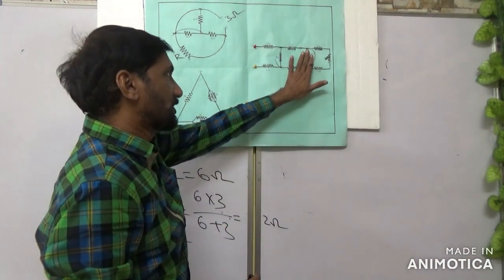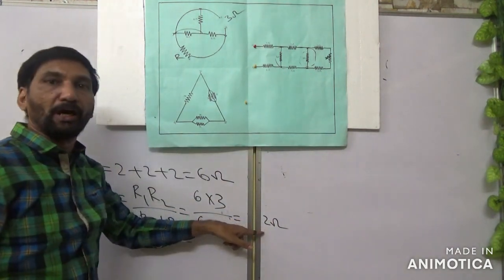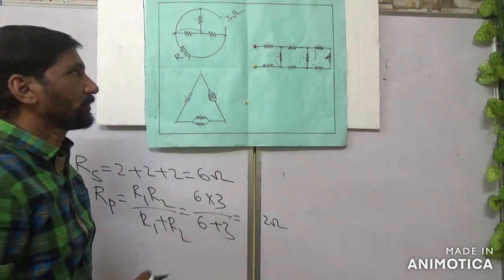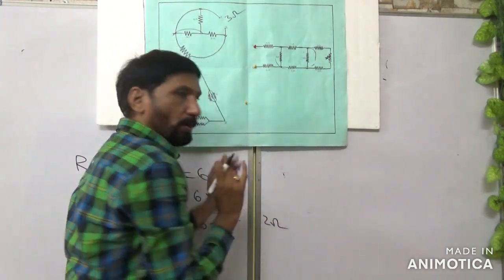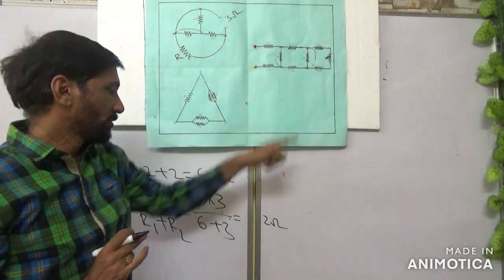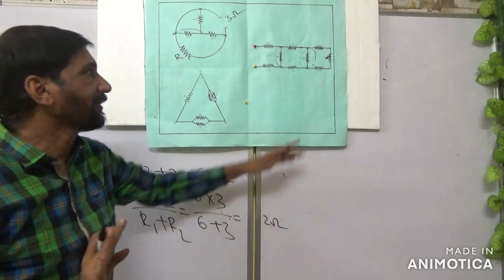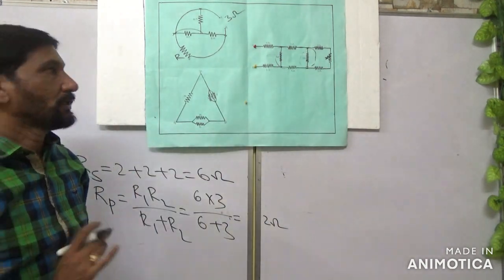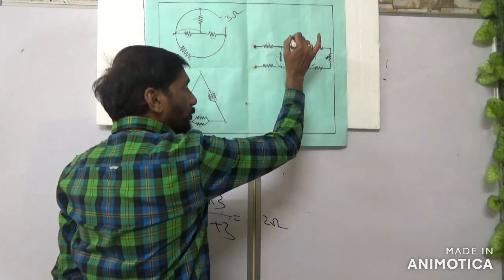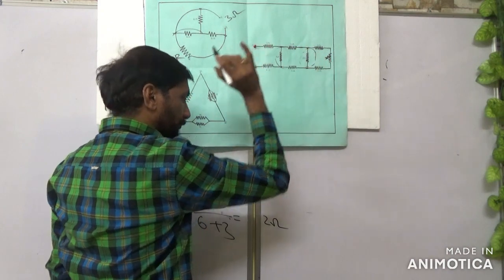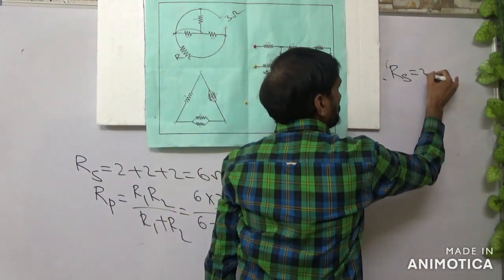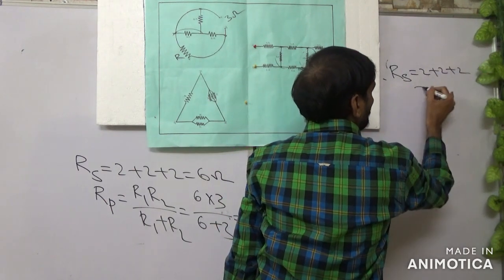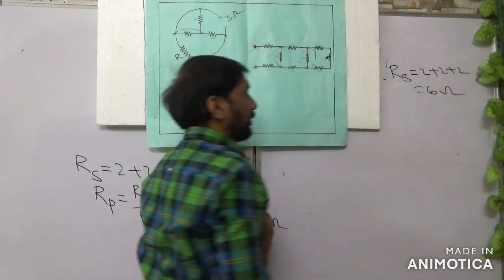It means you should cut this 3 ohm resistor and treat it as 2 ohm. This 3 is now taken out, and you only have to treat 2 ohm. Between the endpoints the effective resistance is now only 2. Now again you see 2, 2, 2, which is 6 ohm.